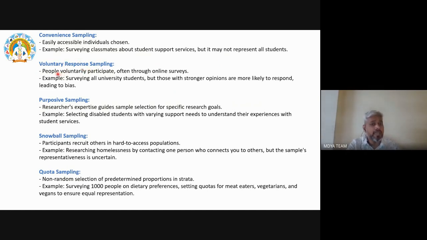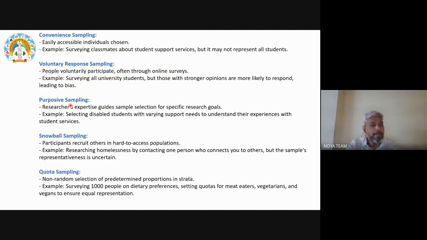Voluntary response sampling. People voluntarily participate, often through online surveys. Example, surveying all university students, but those with a stronger opinion are more likely to respond, leading to bias. So voluntary response sampling is including all types of people, often through online surveys and any other mode. So what it does, it leads to bias.